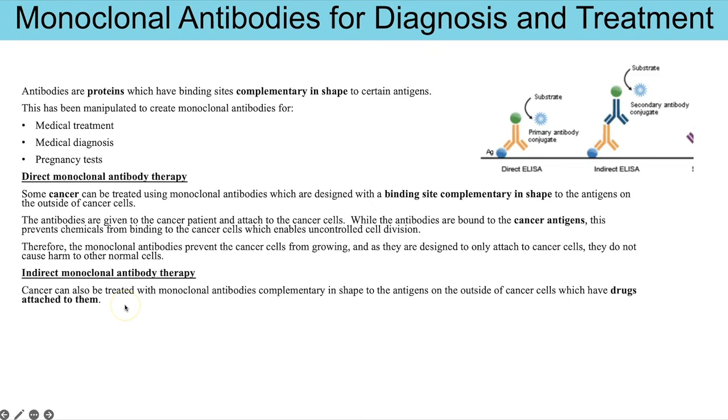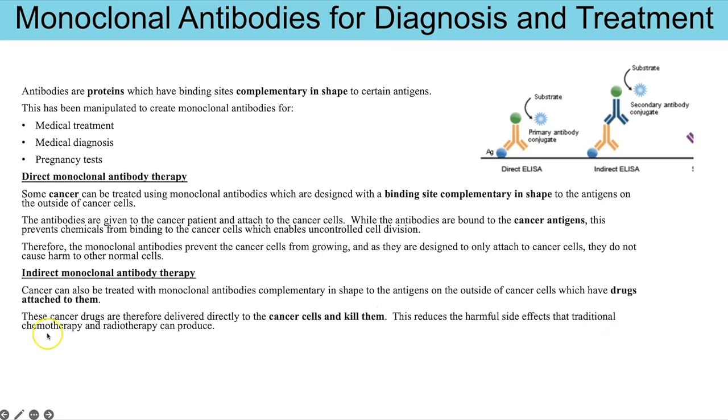Indirect monoclonal antibody therapy is this example here. So cancer cells can also be treated with monoclonal antibodies complementary in shape to antigens on the outside of cancer cells, which have drugs attached to them. These cancer drugs are therefore delivered directly to the cancer cells and will kill them. And this reduces the harmful side effects that traditional chemotherapy and radiotherapy can produce.